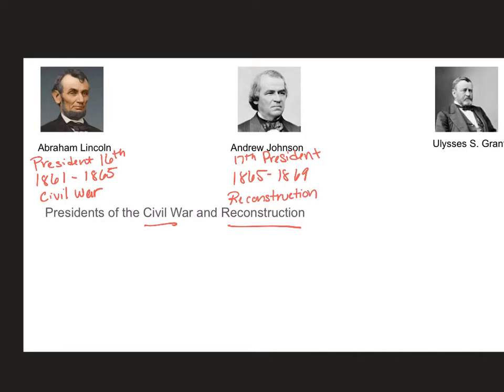And then we have Grant, and Grant was actually our 18th president. And he was president from 1869 until 1877. And again, he was a president during Reconstruction. So Reconstruction was after the Civil War.